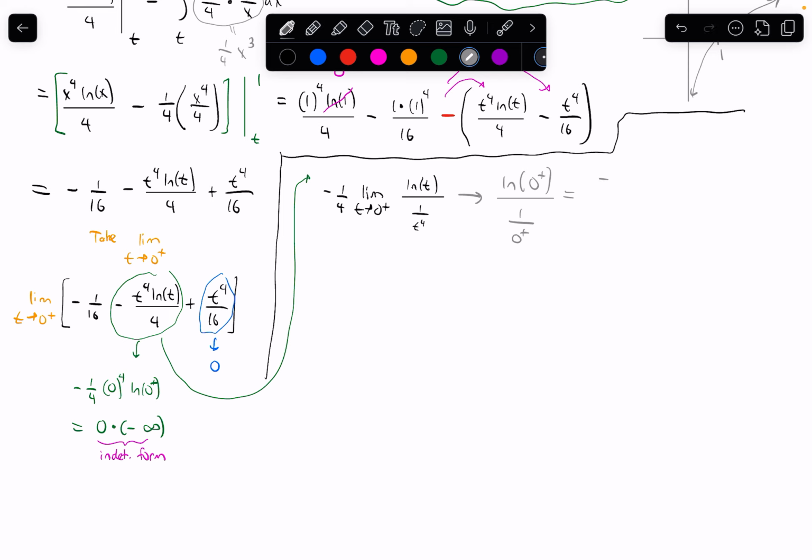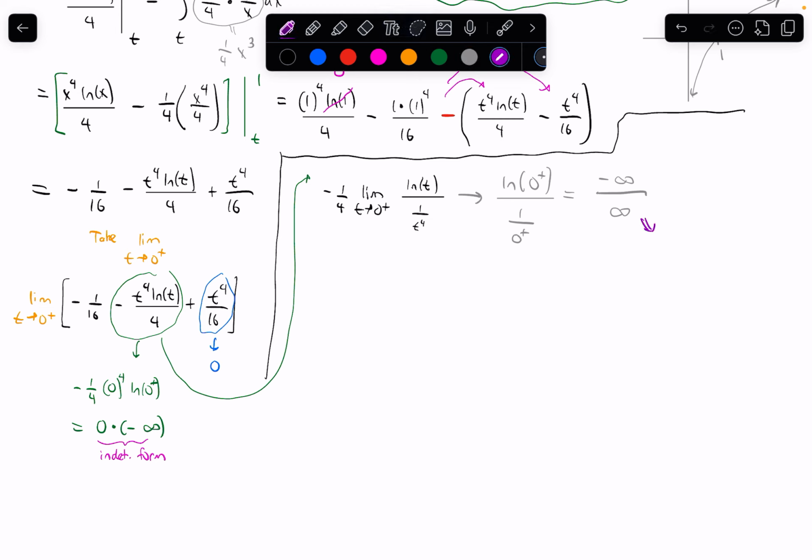So we already said what ln of 0 with a little plus sign is. That's negative infinity. Divided by, and if you do 1 divided by something really, really close to 0, it's going to be infinity. I know it's positive infinity because the 1 is positive and 0 with a little plus sign is positive. All right, so I have an infinity over infinity. The negative sign doesn't matter for that.